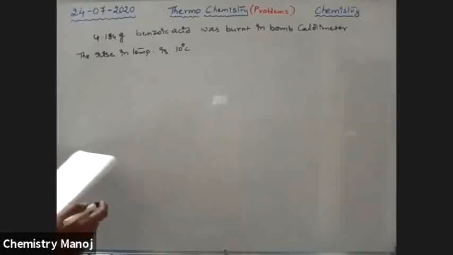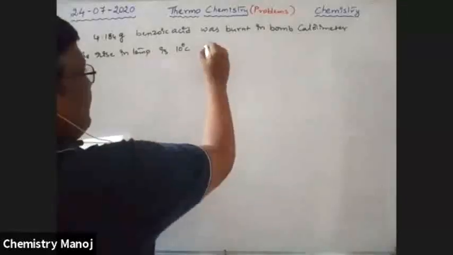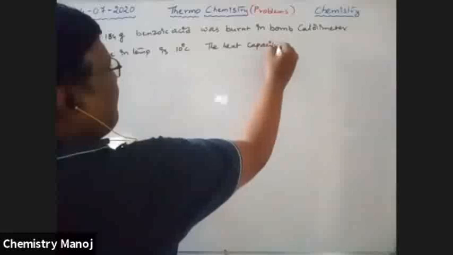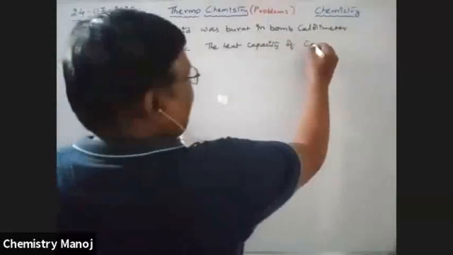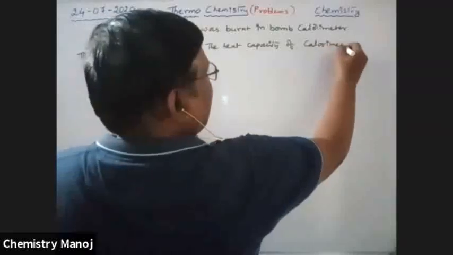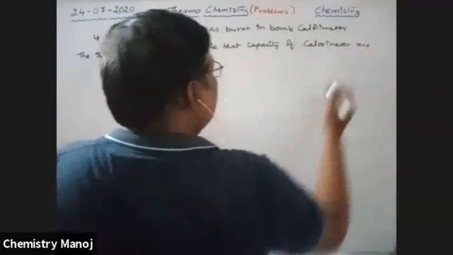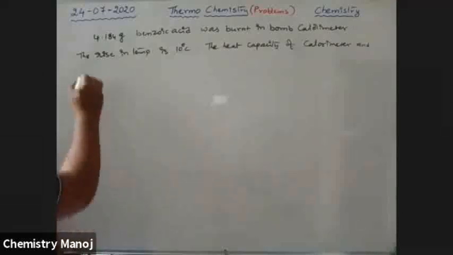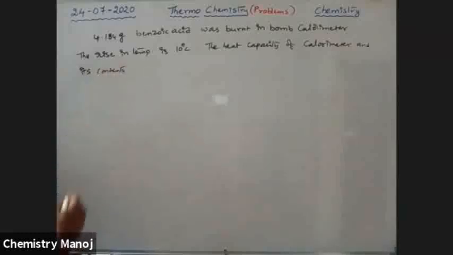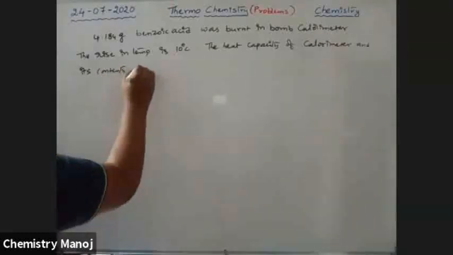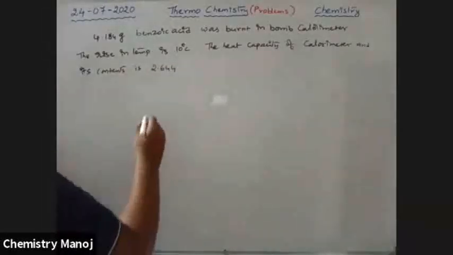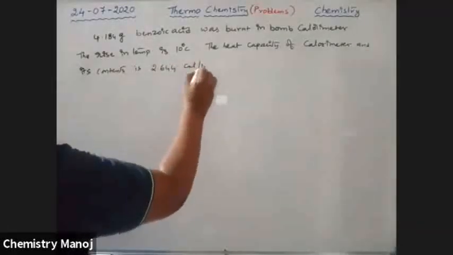The heat capacity of the calorimeter and its contents is 2.644 calorie per Kelvin.